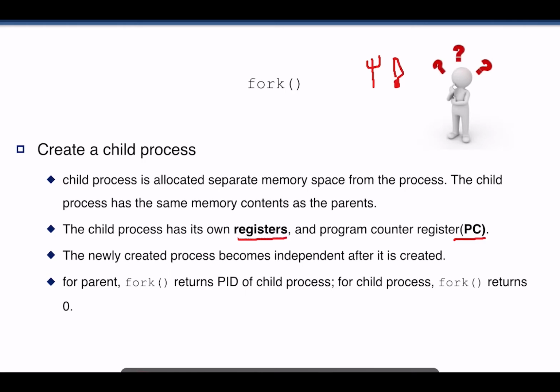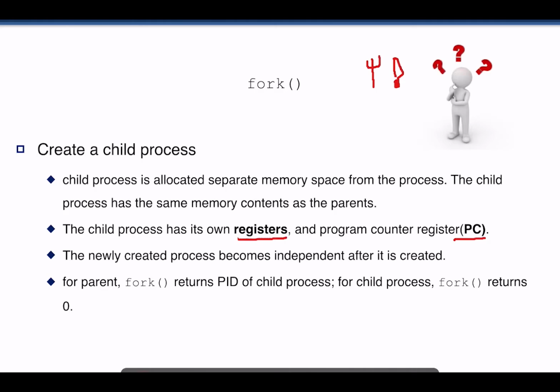Once the child process is created, it becomes independent. So it becomes a normal process and it is scheduled together with the other processes that have been running. The last important thing is that for the parent, fork returns the process ID of the child process, and for the child process, fork returns 0.